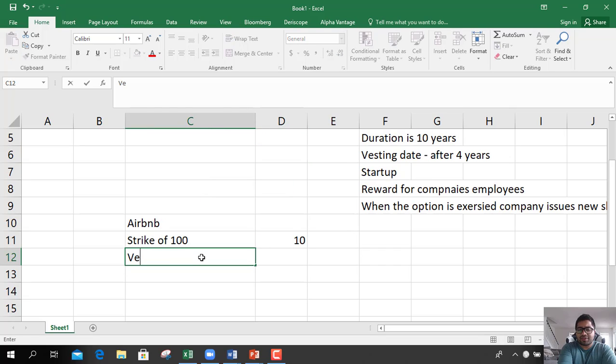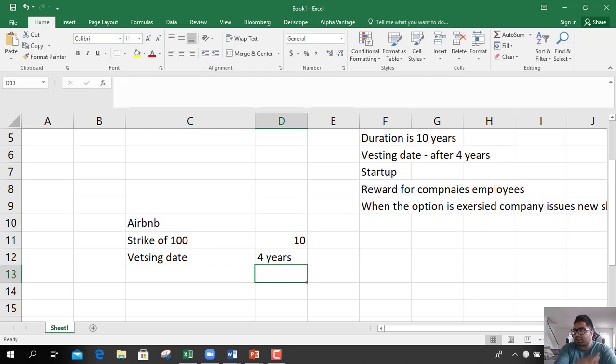Now they are saying the vesting date is 4 years. So before 4 years, I cannot do anything with those options. If I leave my job, I do away with my options. Before 4 years, those options are not vested, so I cannot use them till 4 years. After 4 years, I can start using them.